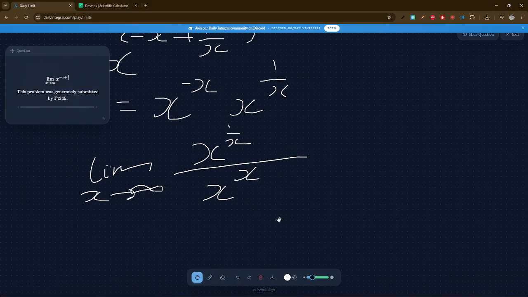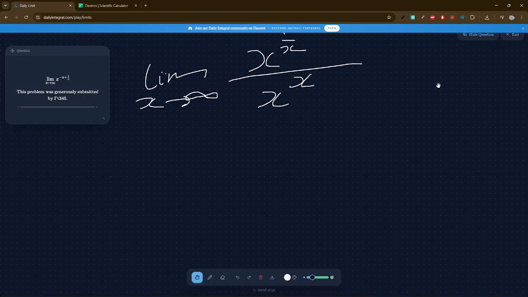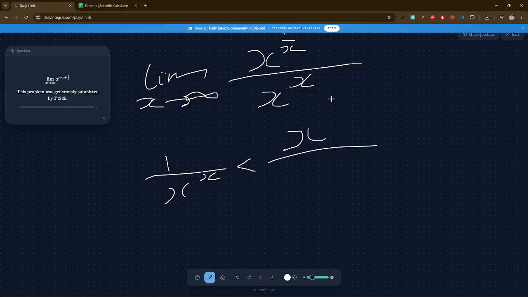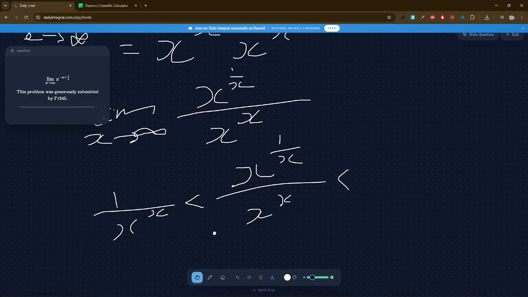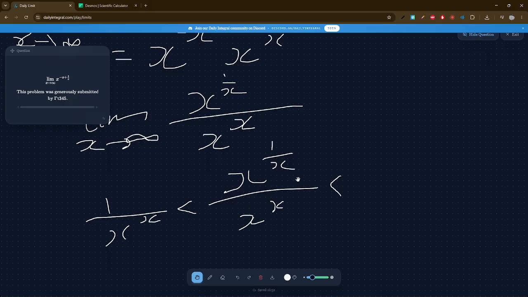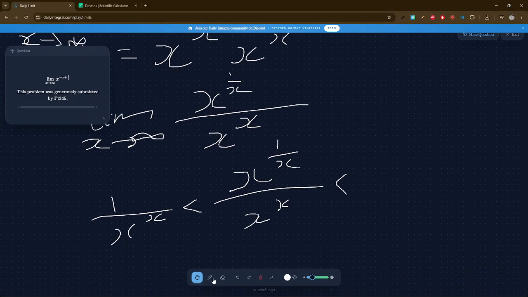I could do squeeze theorem. I could say this is of course bigger than 0, and less than x to the 1 over x, to the x, and this is greater than... I'll say x over x to the x for all x values greater than 1.